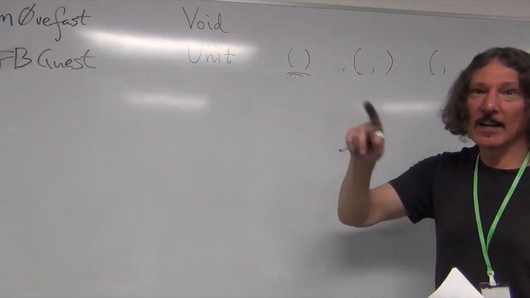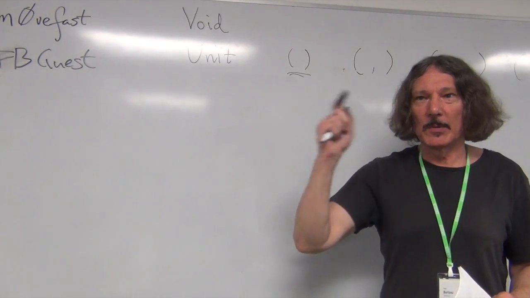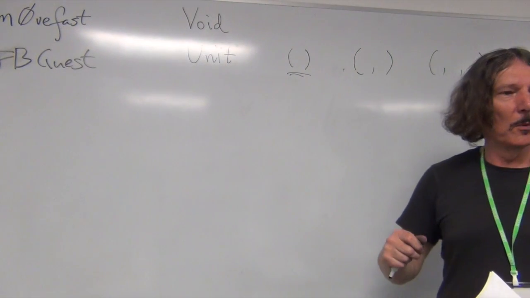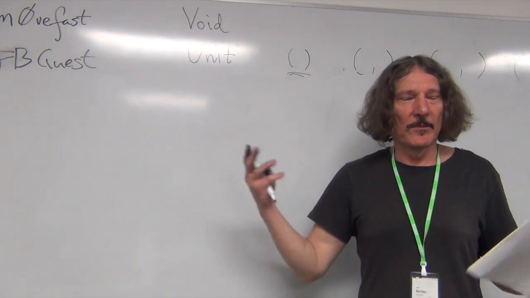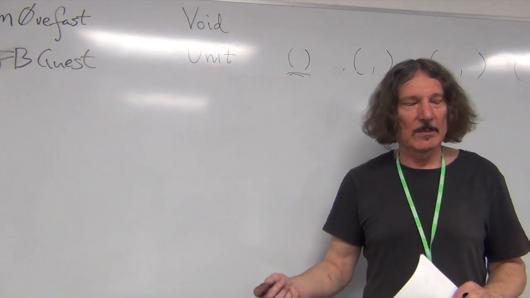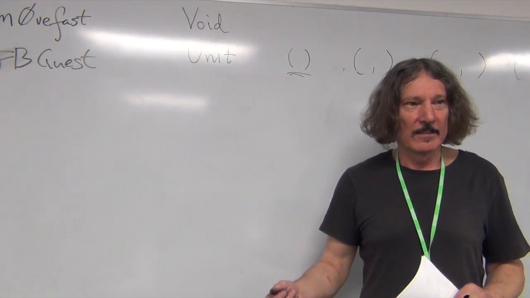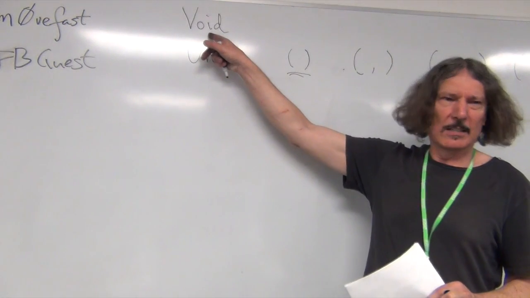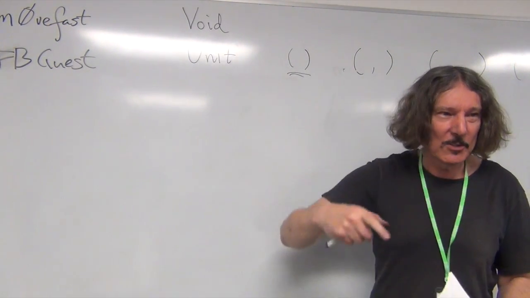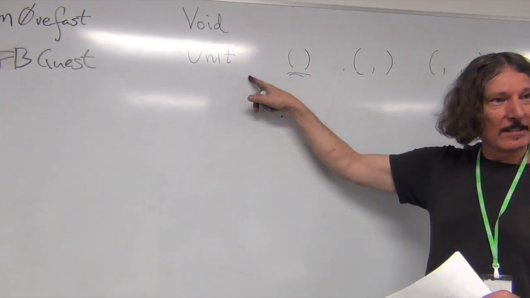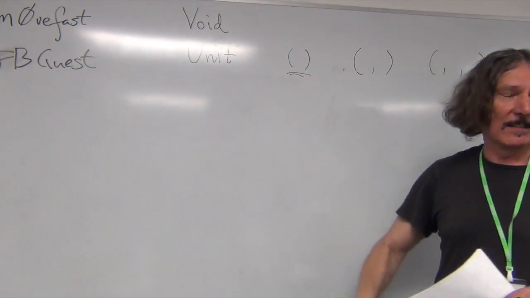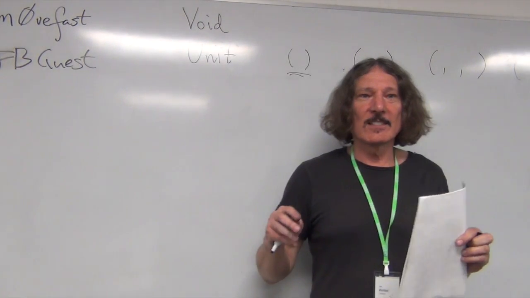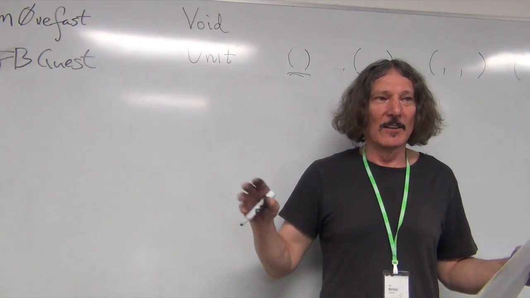So, I talked to some people who are really experts in C++, and I asked them, so what is the type void in C++? And they say it's a type that has no elements. That's not true. Void in C++ is actually a unit. It has one element, which is just like a token.